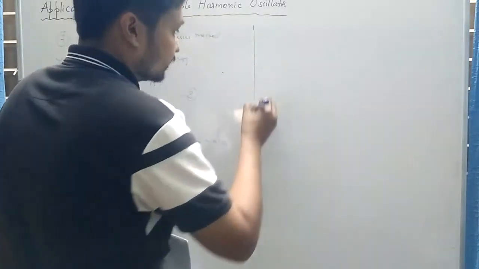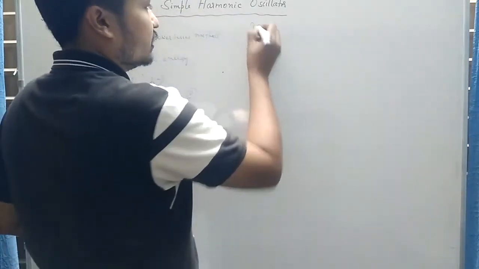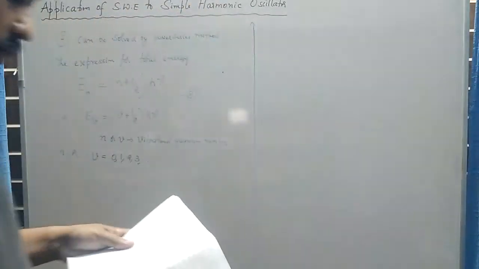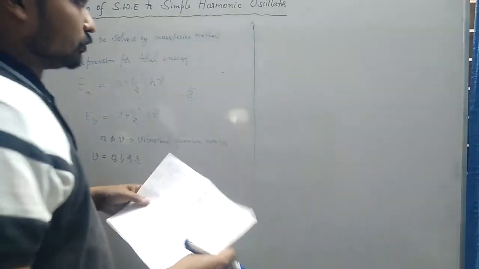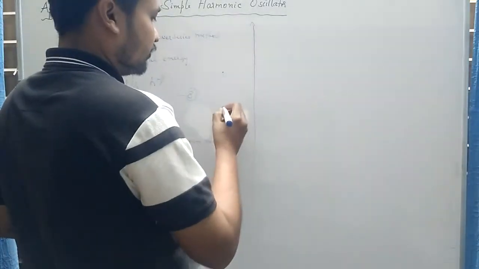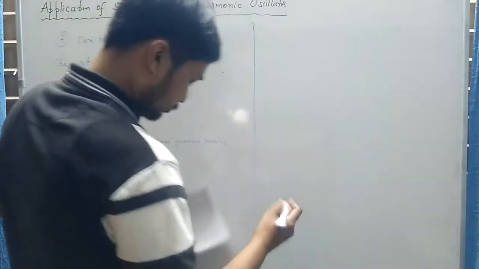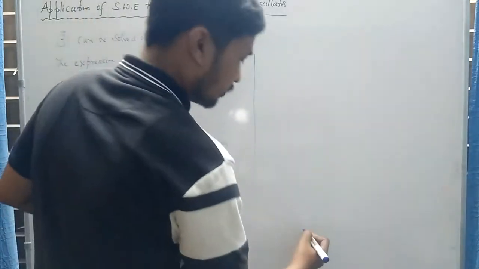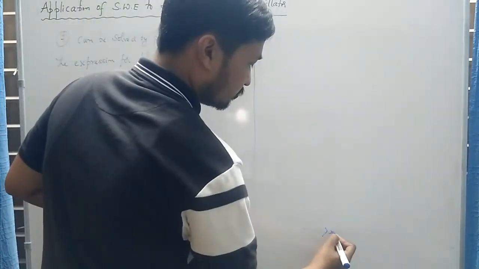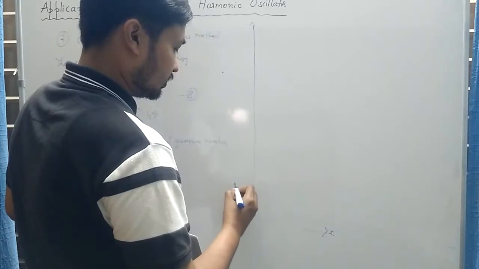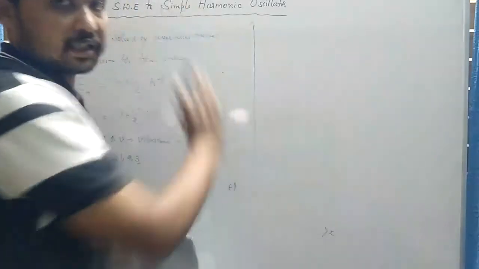So this y-axis represents the scale of energy, and I am plotting the wave function versus x. This represents x, and this represents higher energies.